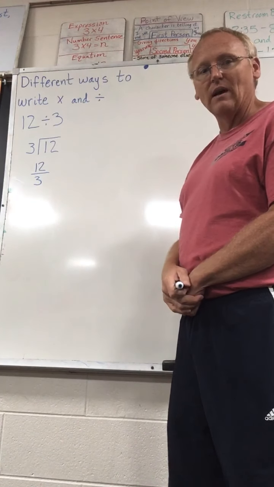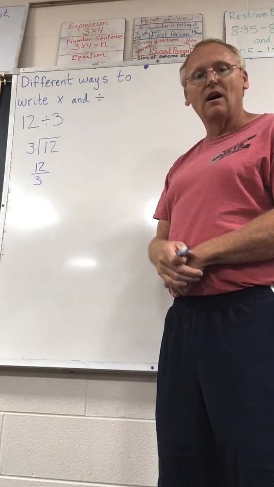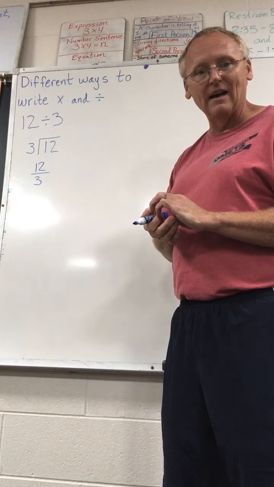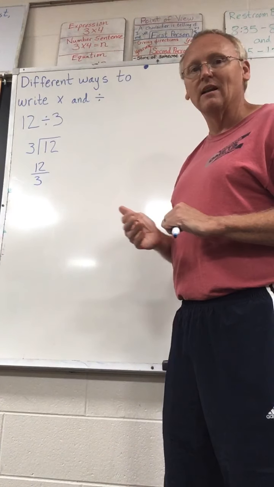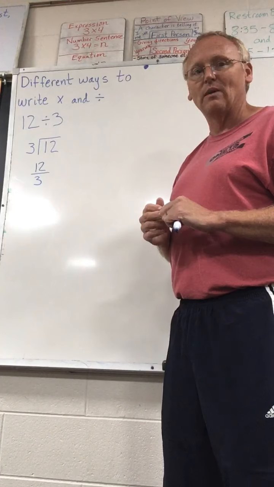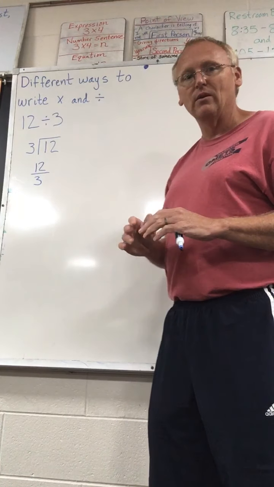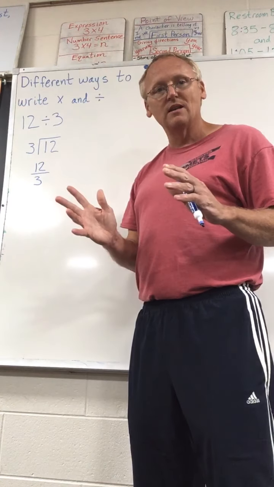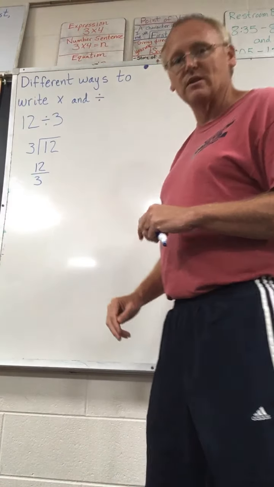So on your own, I want you to go ahead and practice writing several facts in a variety of different ways. Right now, I'm going to write some out for you, and then I'm going to have you pause it, and then I'll show you some answers as to how to write them.